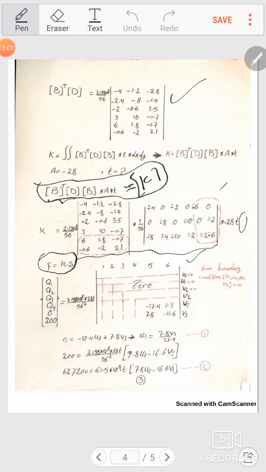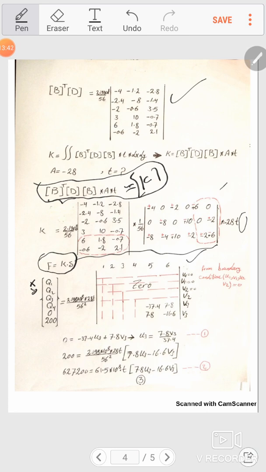So for the nodes, Q1 or F1, up to you, means the force on node number 1 in the X direction, Q2 means the force on node number 1 in the Y direction, Q3 is for the X direction on node number 2, and Q4 for node number 2 in the Y direction.